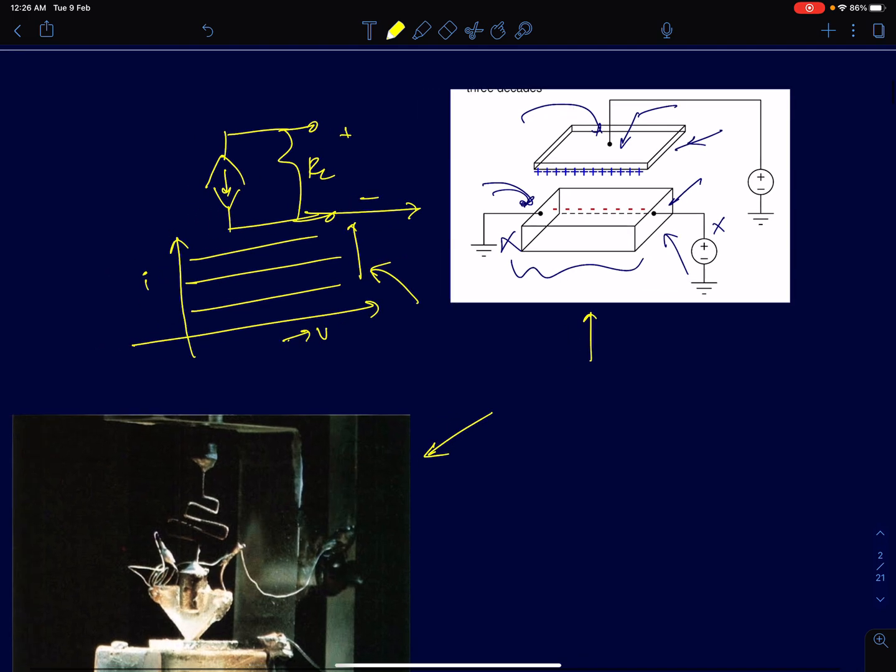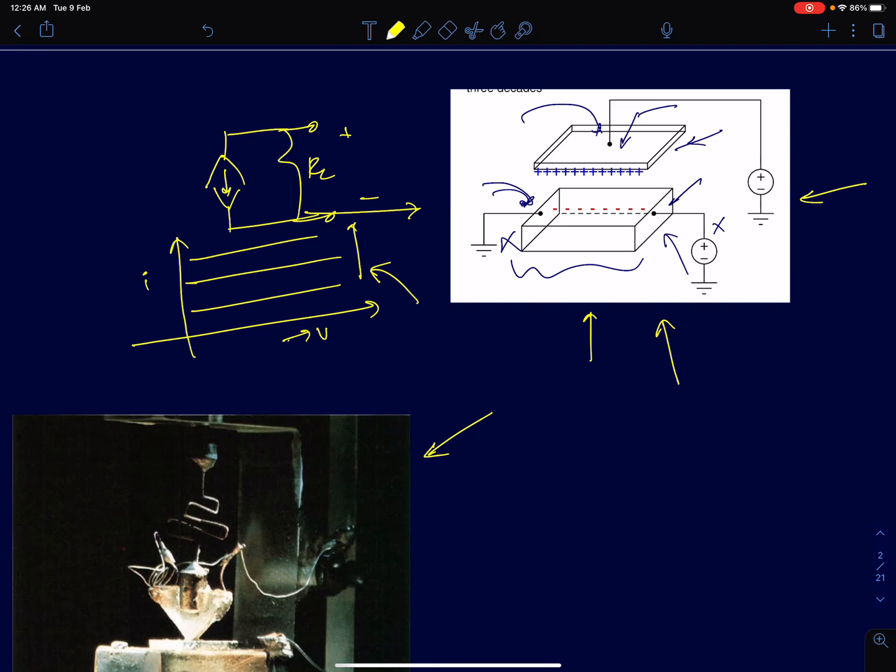The problem with the field effect device was that the phenomenon of electrons drifting to the surface was not well understood, and they could never build a practical device that could be used as an amplifier. So even though the idea existed, there was a problem of building this device practically.